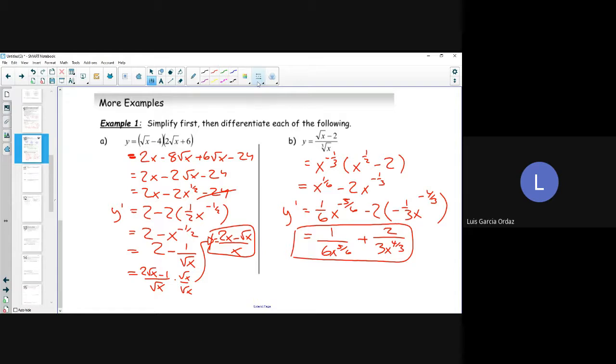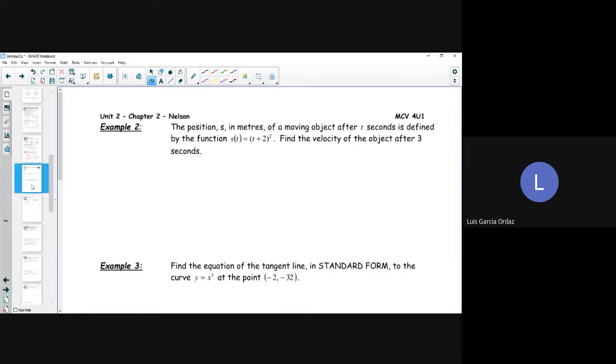Okay. Next page, we have the position s in meters of a moving object after t seconds is defined by the function s of t is equal to t plus 2 all squared. You want to find the velocity of the object after 3 seconds.